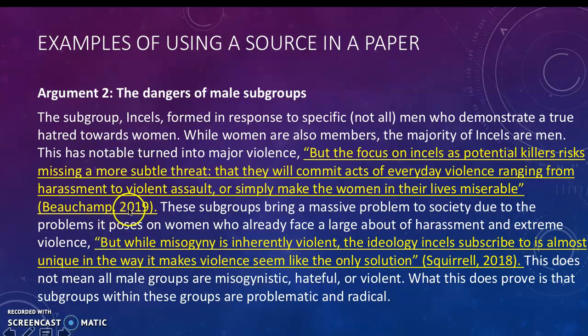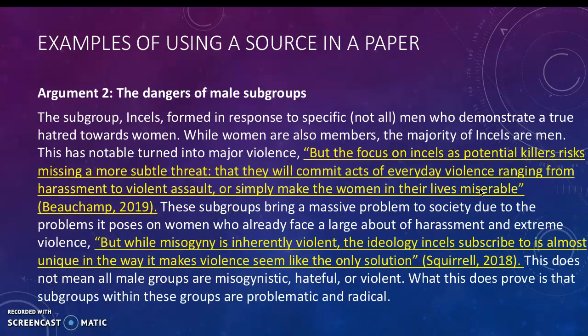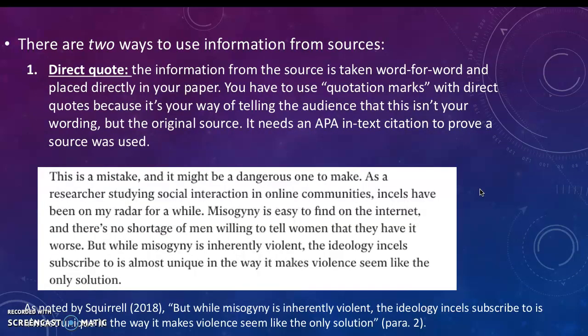So this is another source, and this is a different source. These are both direct quotes. Remember, you can direct quote or you can paraphrase something. But just looking at these 2 samples, there's more white font than yellow font. So the majority of your writing is your own words. You just use sources to reinforce and boost your argument or your observations.